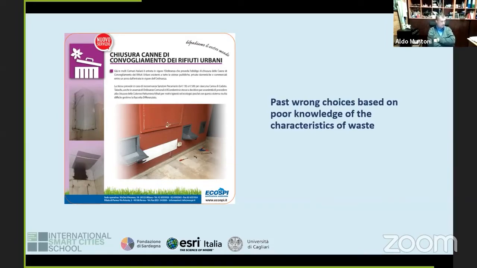This is an example. I don't know if you ever saw this type of waste management in a building.